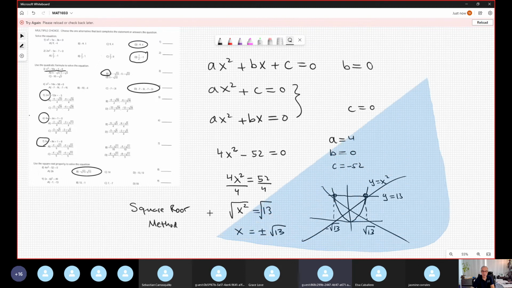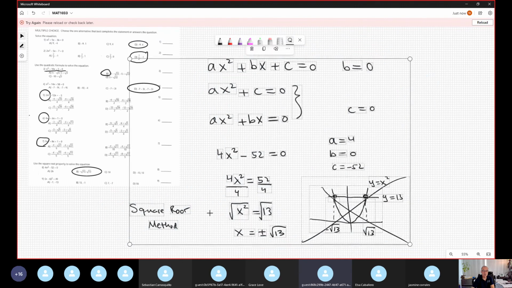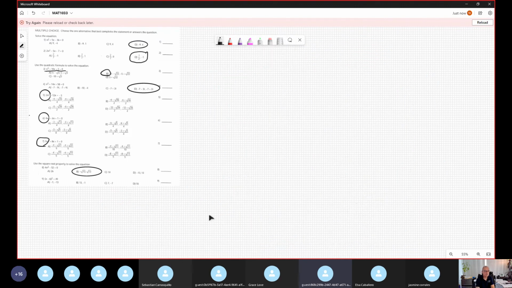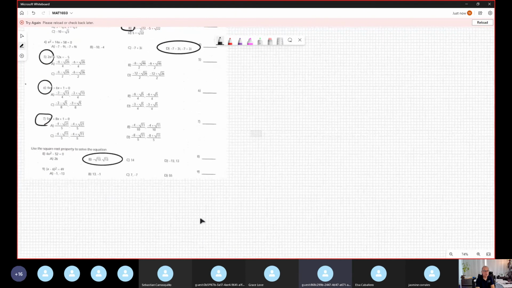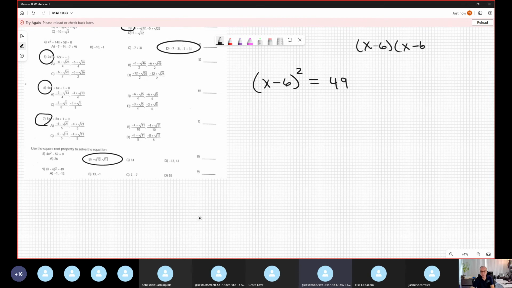Okay, now, number 9. Number 9 is easy. Again, it's a square root. How do you know it's a square root? Because somebody, not me, did the factorization. Look, it is (x minus 6) squared equals 49. Well, one possibility, very stupid, is to expand this: you multiply (x minus 6) times itself, you FOIL, you organize, put the equation in standard form, and apply the quadratic formula.